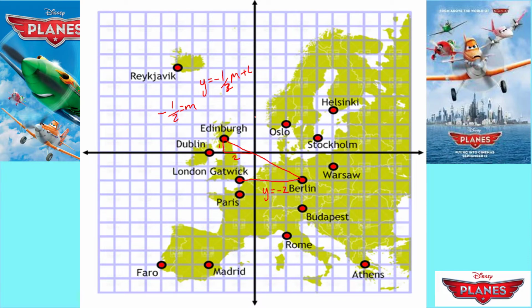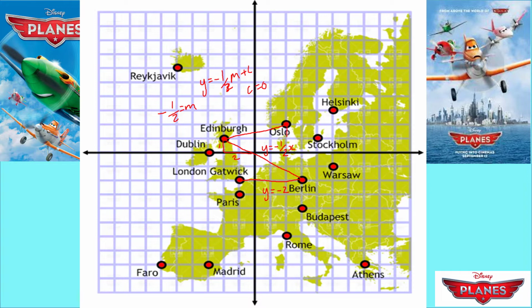Luckily we know the y-intercept here, c equals 0. So this line from Berlin to Edinburgh must be y equals -1/2 x plus 0, so we don't need to add that in. Now what if I was going to go from Edinburgh to Oslo now?